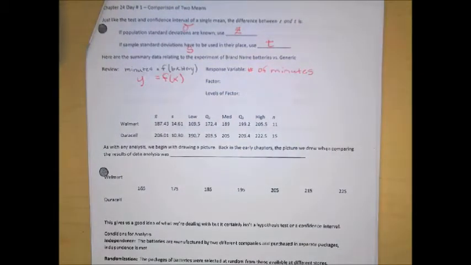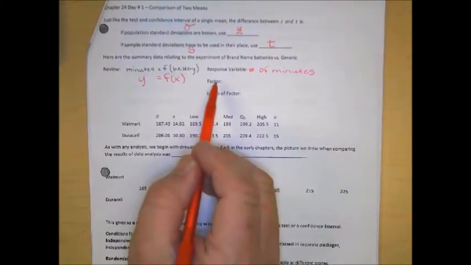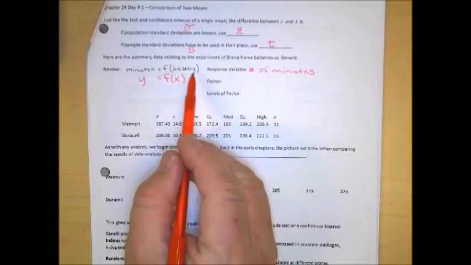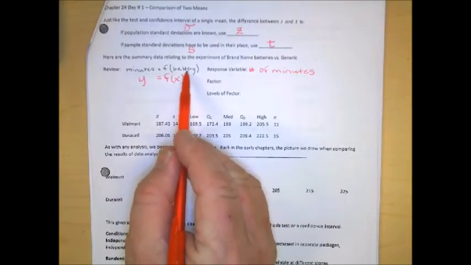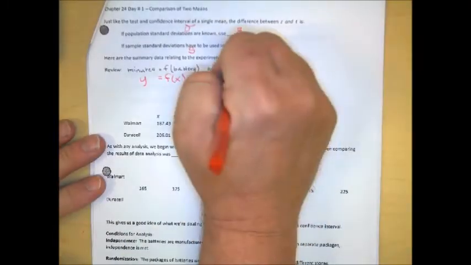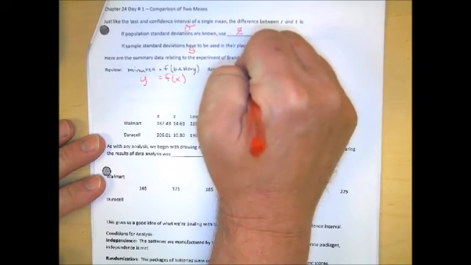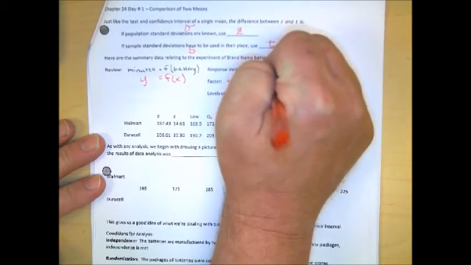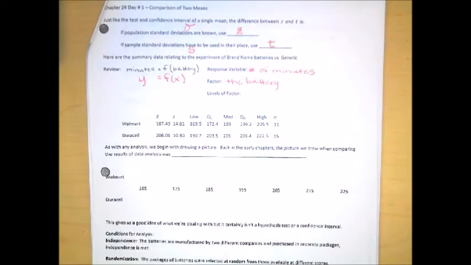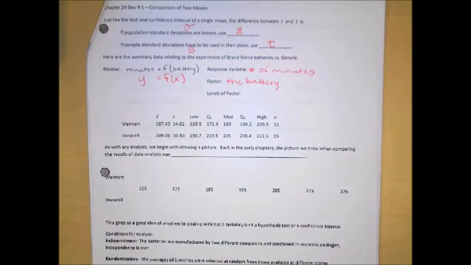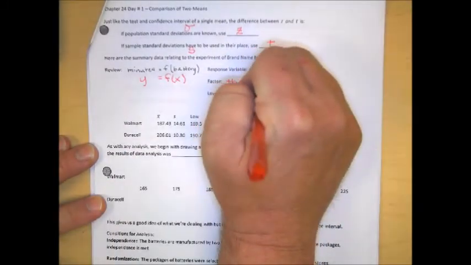Now, there is only one factor in this problem, and that's what the x is, the battery type. Now, there are two levels to this factor, the Walmart and the Duracell.